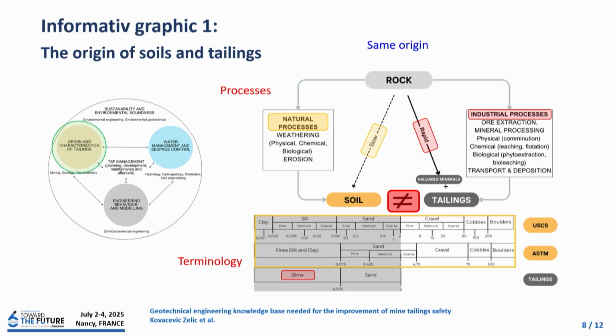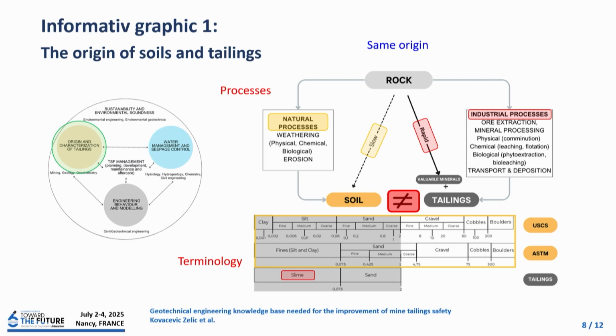And in tailings management, you have industrial processes that are much faster, rapid, and also they are using a lot of chemicals. Some of the chemicals are even very strong.